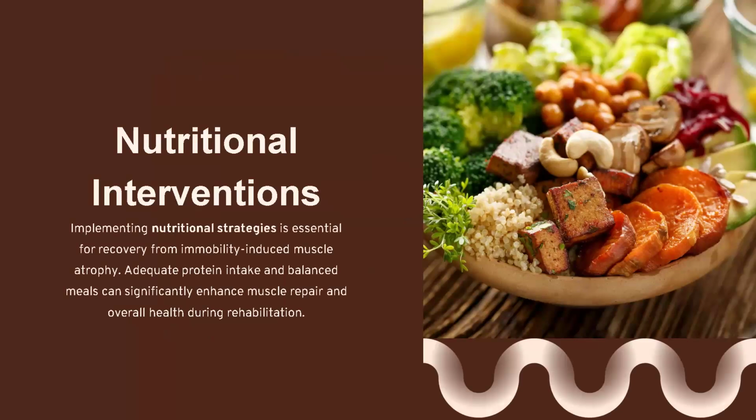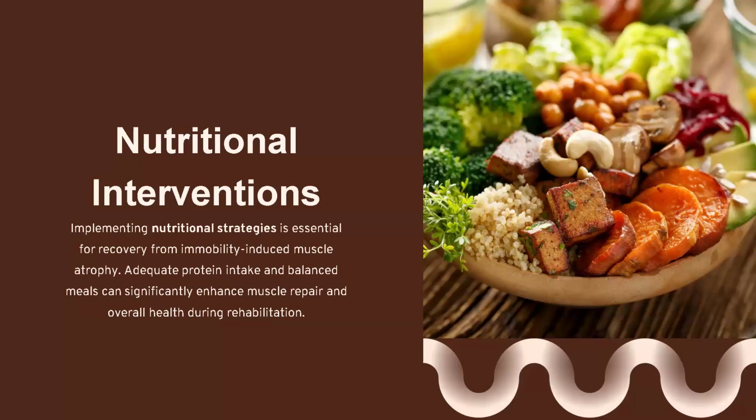So what are some of the interventions that we can put in place to help combat muscle atrophy. For nutrition focused, we have supplementation, increased high biological value proteins, and proper hydration.